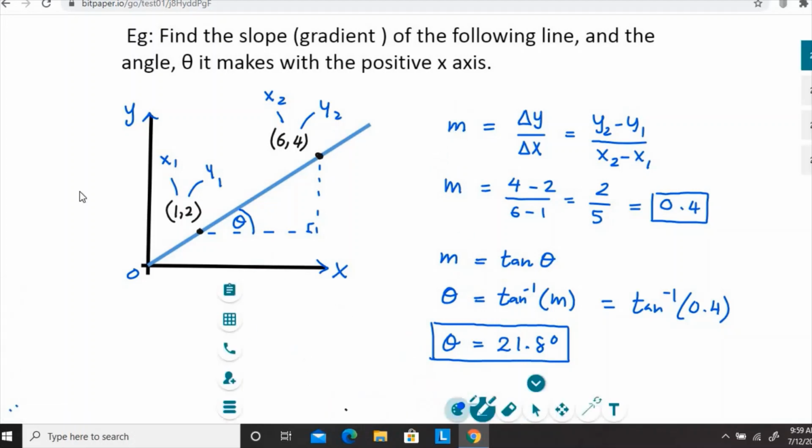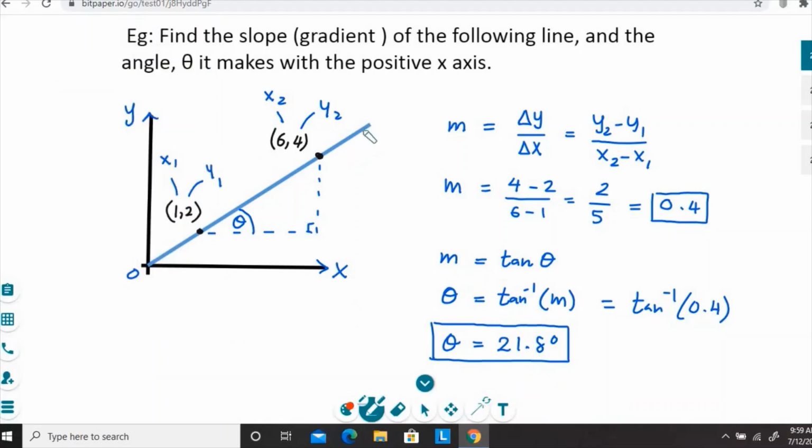So that means, I'll use a different color. For example, let's consider a point over here, and then you draw a tangent to that point like this, and that makes the same angle theta with the horizontal compared to this point.